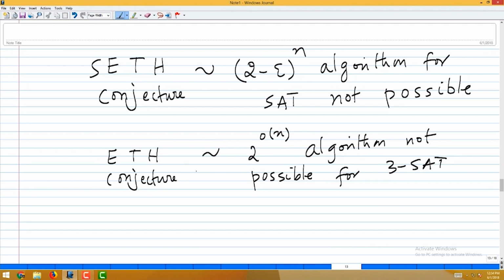There is a lot of recent research on this, where if you improve the algorithm for shortest path by a bit, then you can solve satisfiability in better than 2 power n. There are all kinds of such reductions, and it is really the current area of research in the algorithms world.